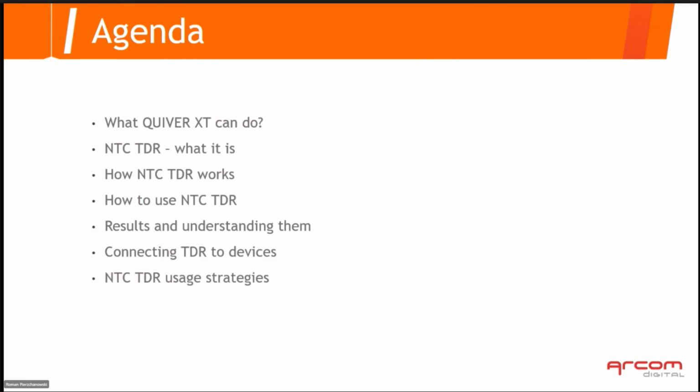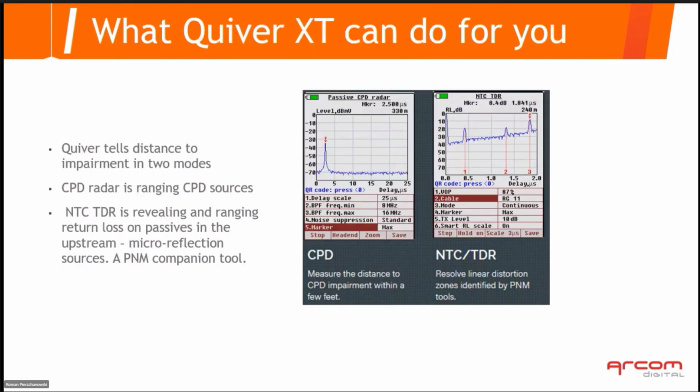Again, Quiver can range distance to two types of impairments. One was CPD, that is a nonlinear distortion, and Quiver can scan nonlinear distortion up to the end of the coax through all the amplifiers.